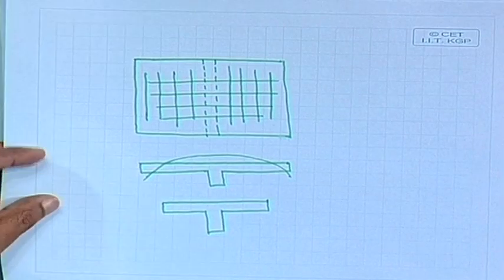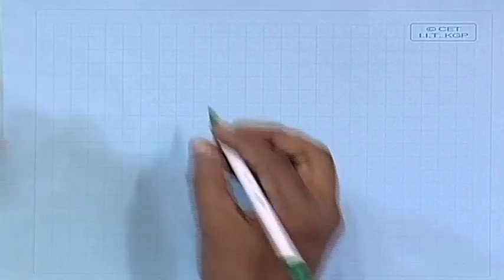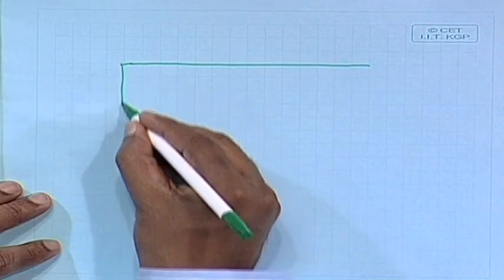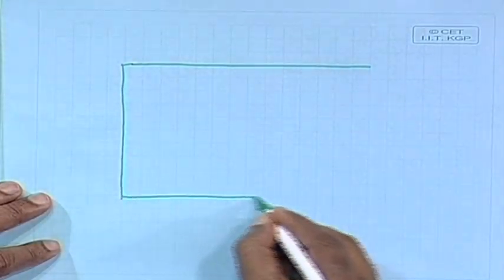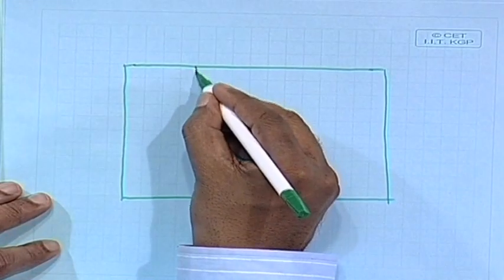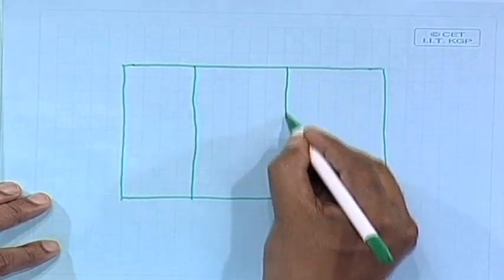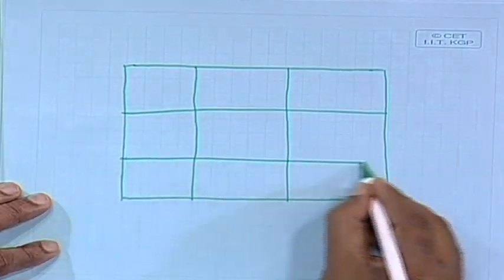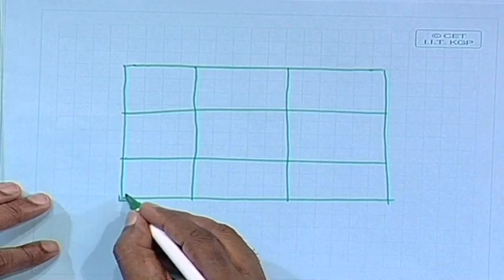Typically what happens actually, say we are considering a building. We have so many compartments, let us say these are the different compartments, these are the beams, and we have columns here.